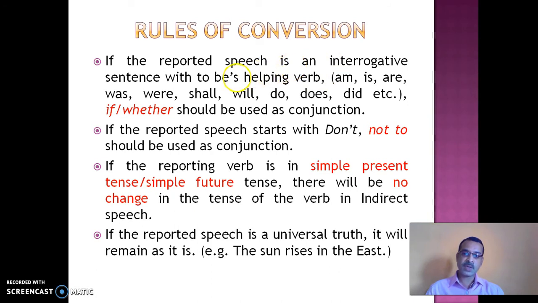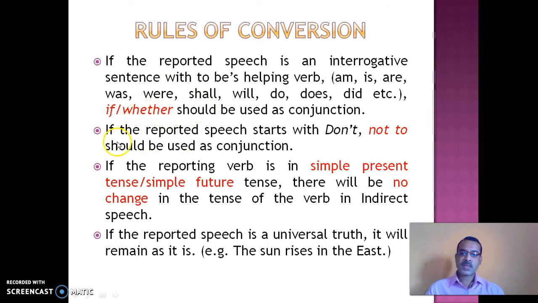Here, the interrogative sentence starts with am, is, are, was, were, shall be, will be, do, does, did, etc. In this situation, we use the conjunction "if" or "whether" in those particular examples.